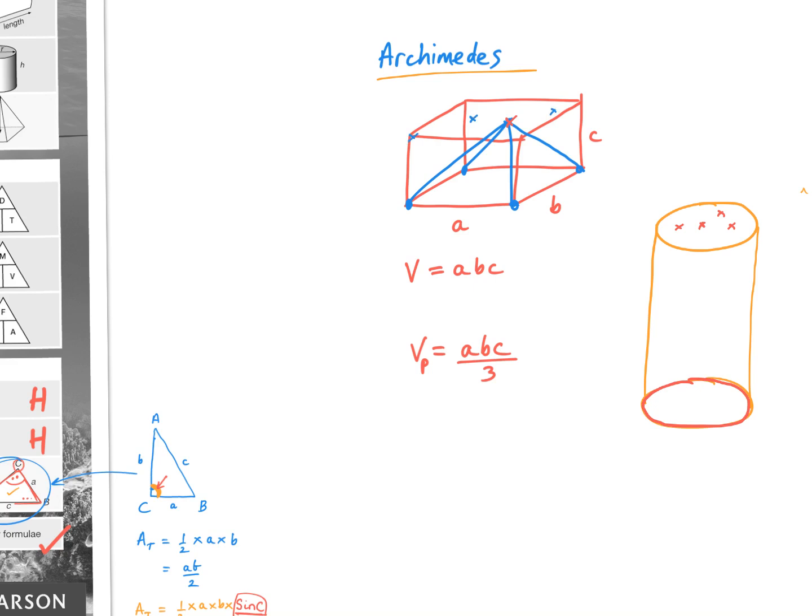Okay, so for example in this one that I did first, I could have joined all of these points up, okay, and I still would have melted 3 of those to fill the whole cuboid. In this case, if I choose the base, I'll do that in blue I think, if I choose the base and then a point on the top and join them up, I will make a cone.